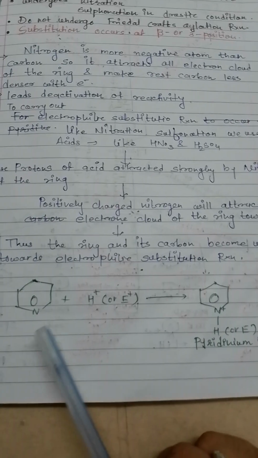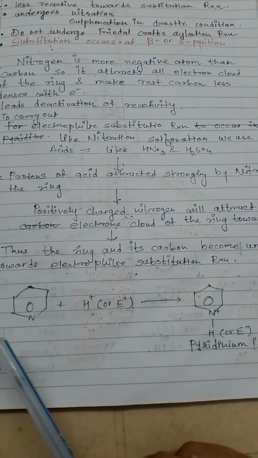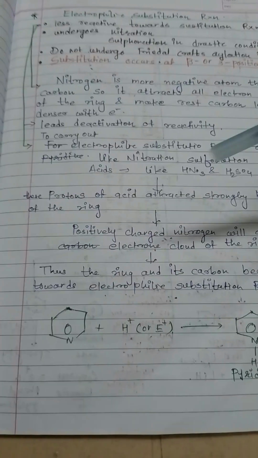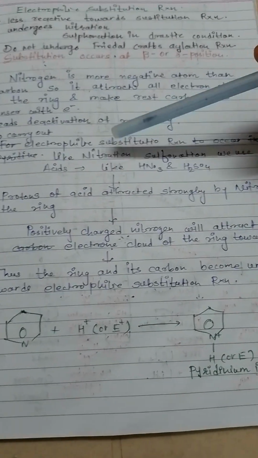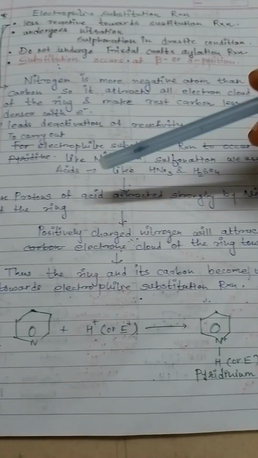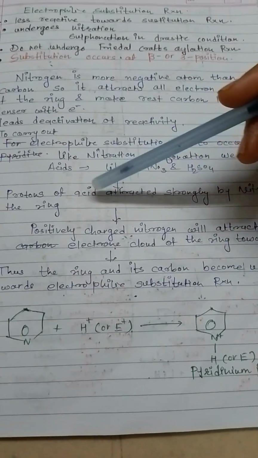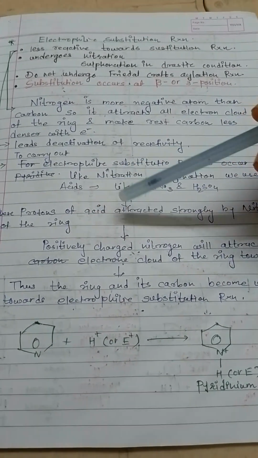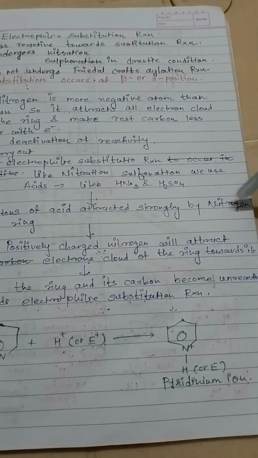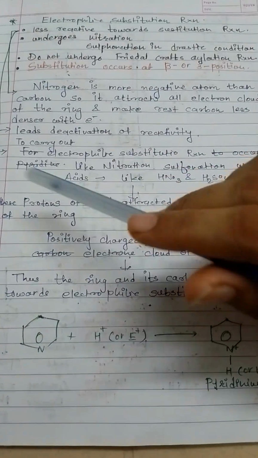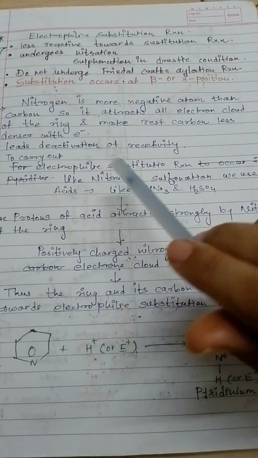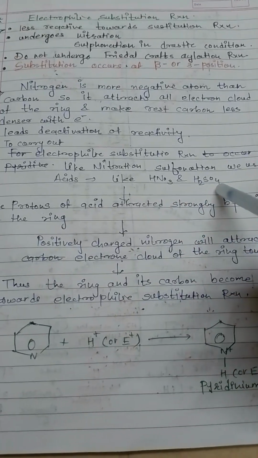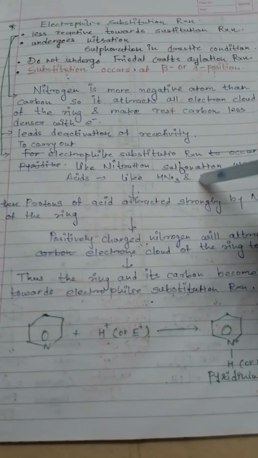Then the second reason may be that protons of acid are attracted strongly by the nitrogen atom of the ring when we react this pyridine ring with HNO3 and H2SO4 for nitration and sulfonation.